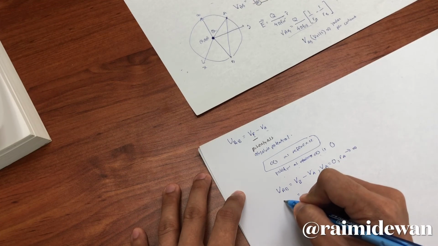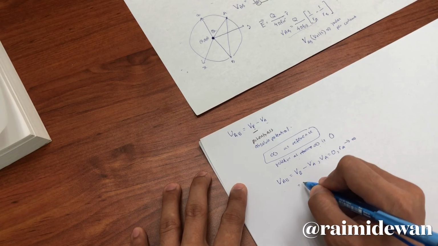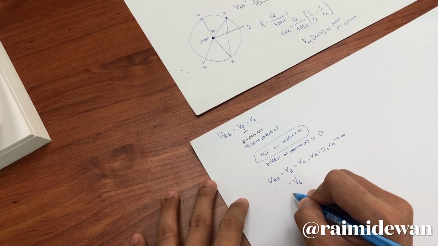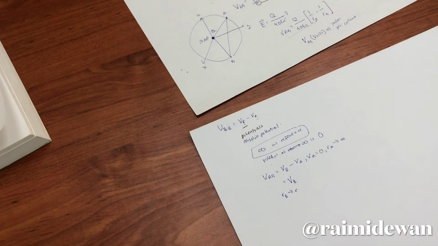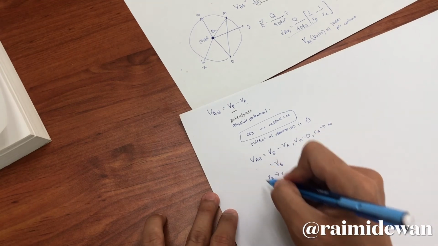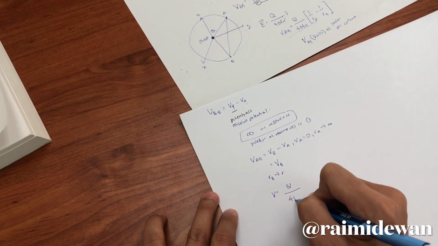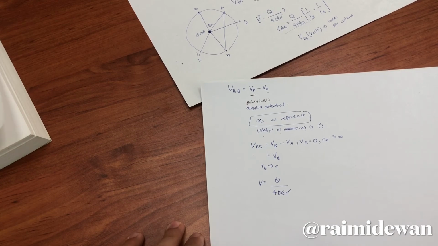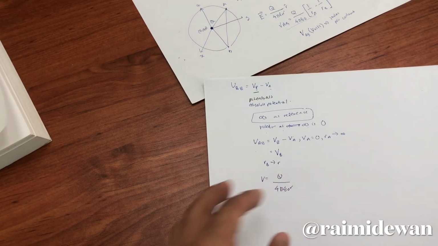So you will have your VB, with RB approaching R. Simplifying this, you have V equals Q over 4 pi epsilon naught R. So when a question assumes zero potential at infinity, you lose these terms and only use one single term.